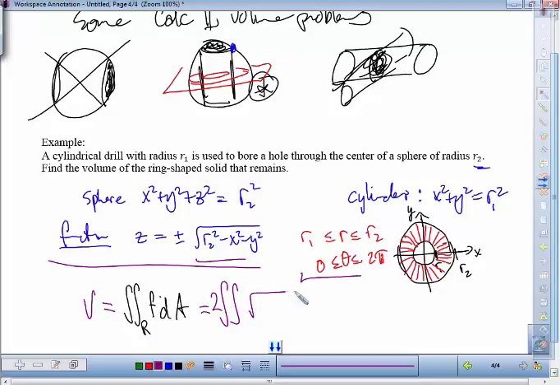So it's going to be the square root of R2 squared minus x squared plus y squared, and that's r squared, right? Ooh, getting too many r's here. R1, R2, and r. R1 and R2 are constants. r is a variable.